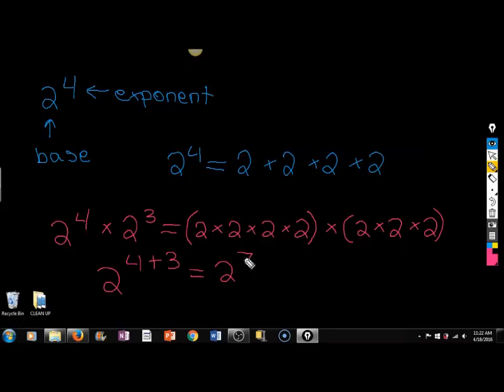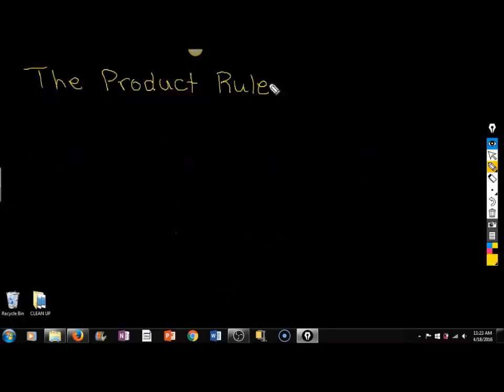This suggests the following rule. The product rule. When we're multiplying exponential expressions with the same base, you add the exponents. This is the sum as the exponent of the common base. So our bases have to be common.